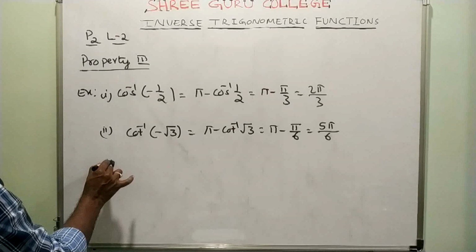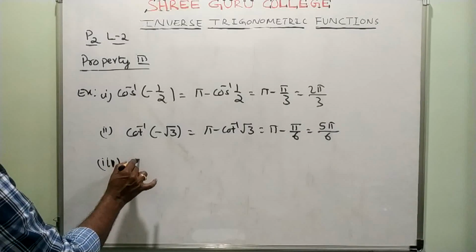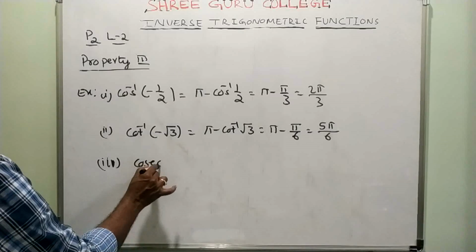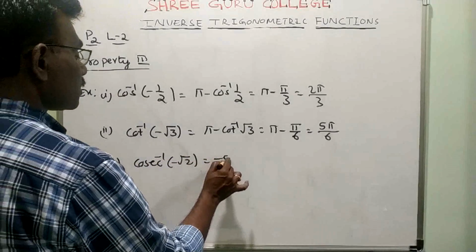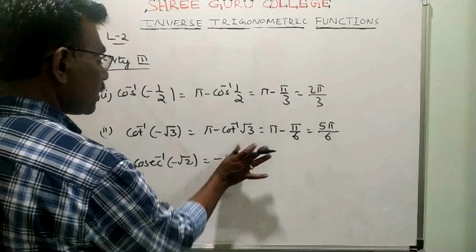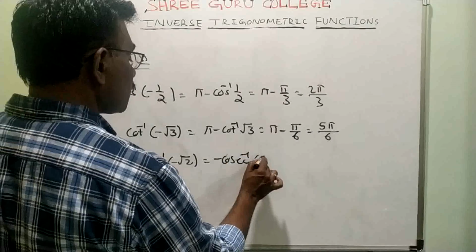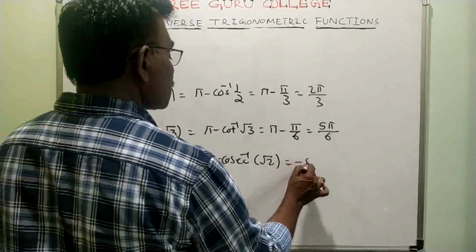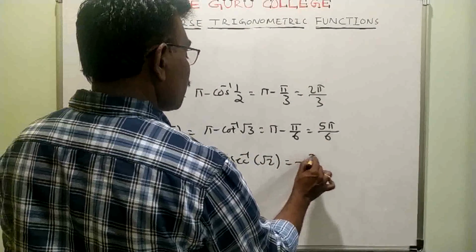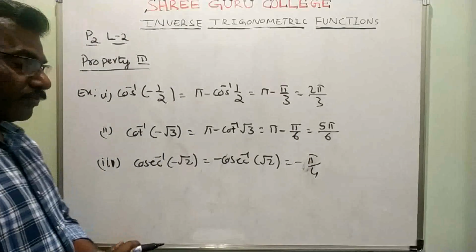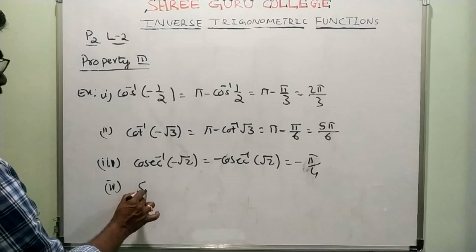Take one more example. Cosec inverse of minus root 2 is minus cosec inverse of root 2, which is minus pi by 4. Here is one more example.